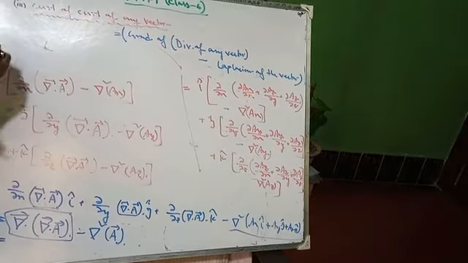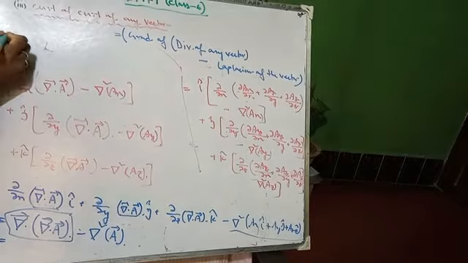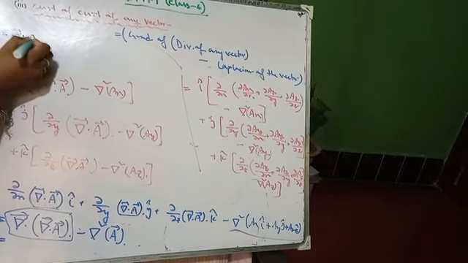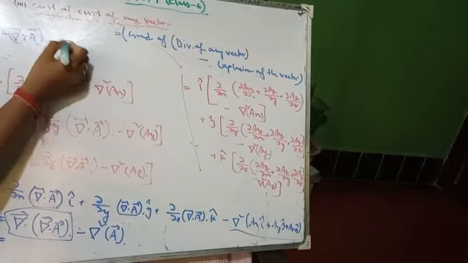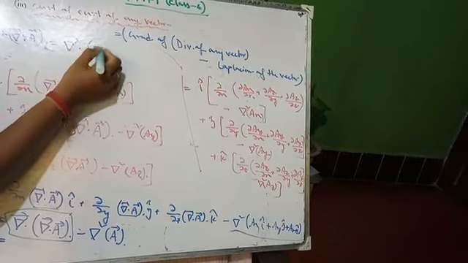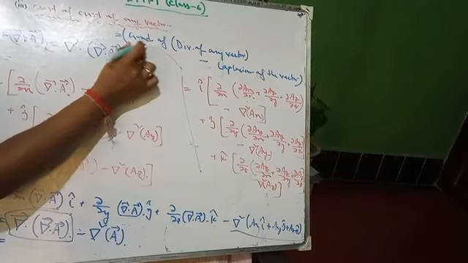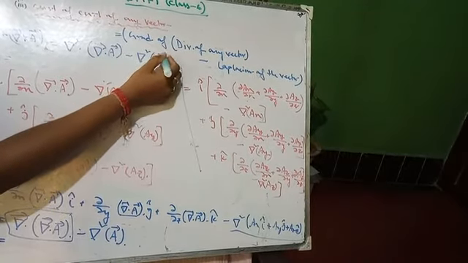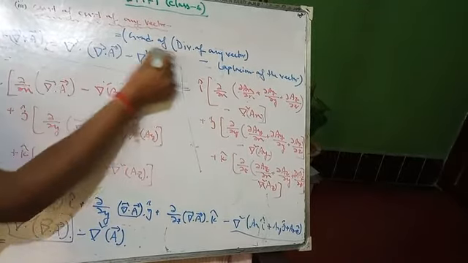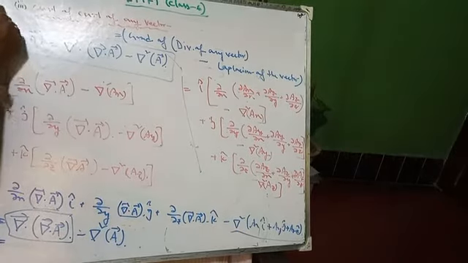So this is the proof: curl of curl of a vector will be equal to the gradient of the divergence of A minus the Laplacian of the vector, okay. This thing you have to prove, okay, it is a very important proof.